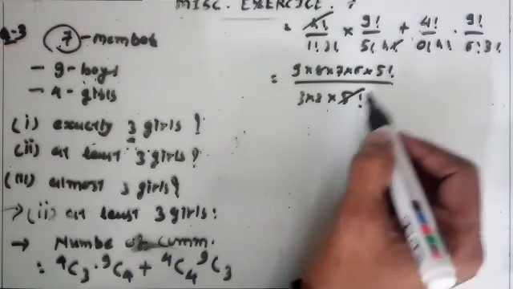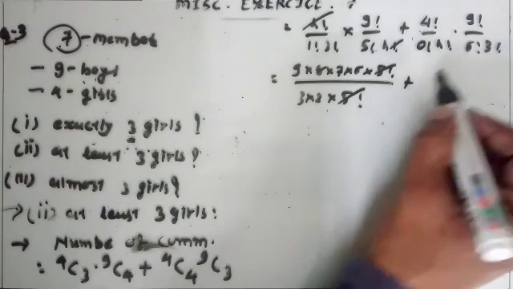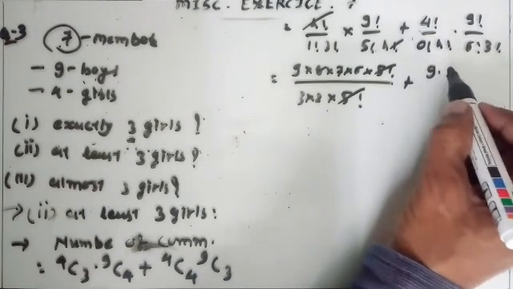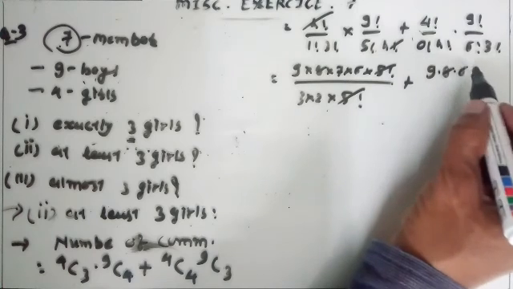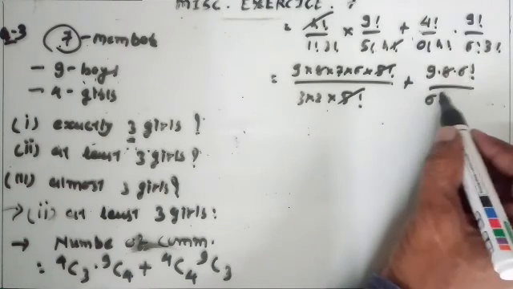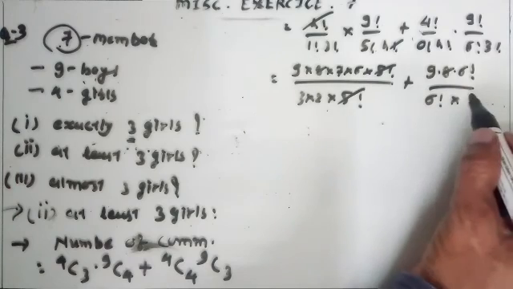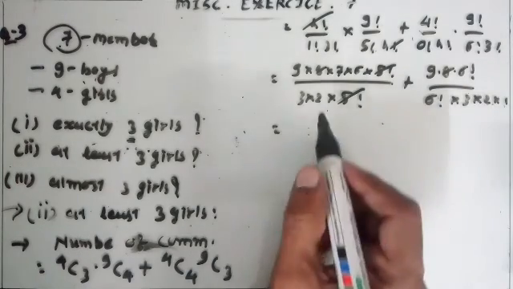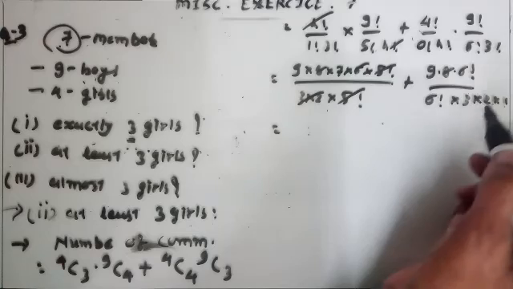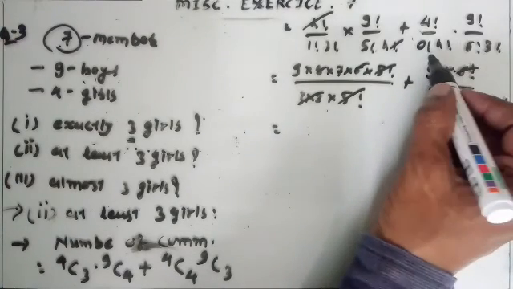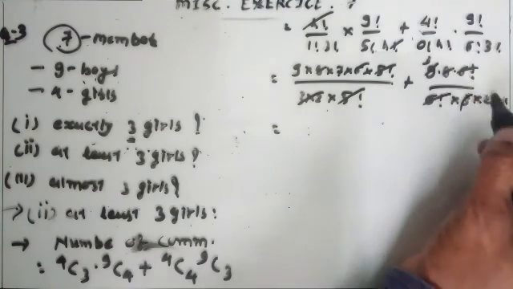Okay, here 5 factorial cancels from both, plus 9 factorial is 9 into 8 into 7 into 6 factorial upon 6 factorial into 3 factorial, that is 3 into 2 into 1. Okay, so 6 factorial cancels, and 3 and 9, 4 and 2, 8 remain.